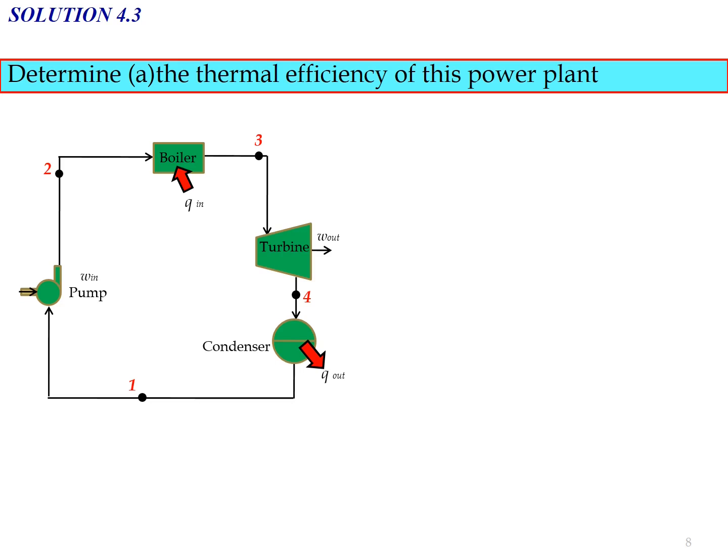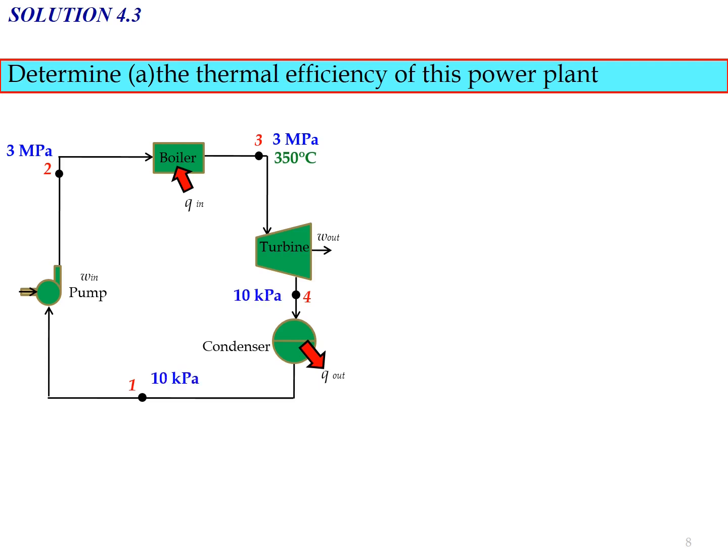So for the ideal case, we will have 4 states involved. We need to put whatever data given in the question into the schematic diagram. So we have state number 3 at 3 megapascal, in terms of temperature 350 degrees Celsius. Due to the constant pressure during the heat addition process, the value of P2 also equals 3 megapascal.